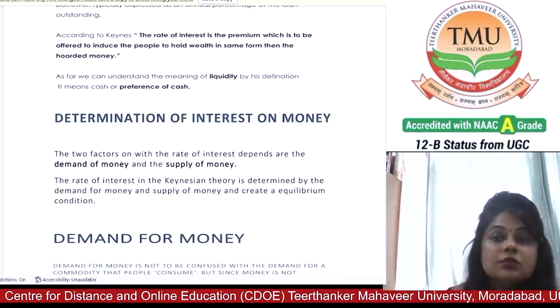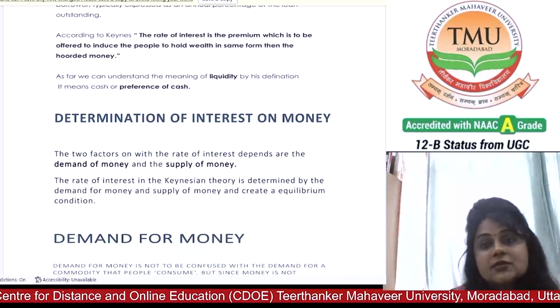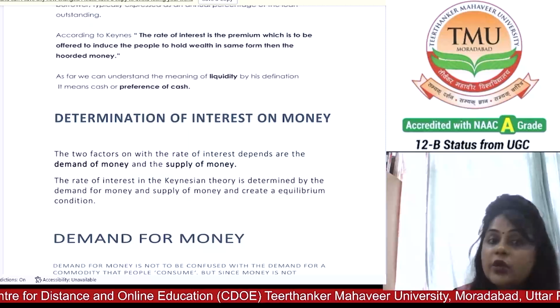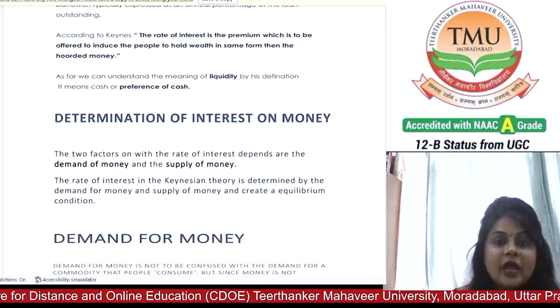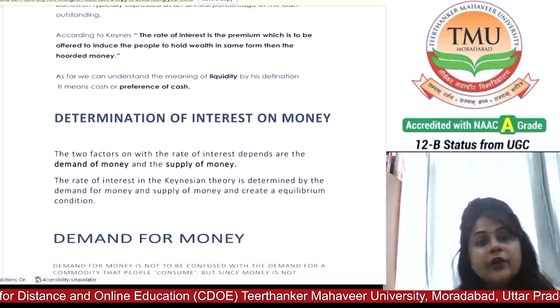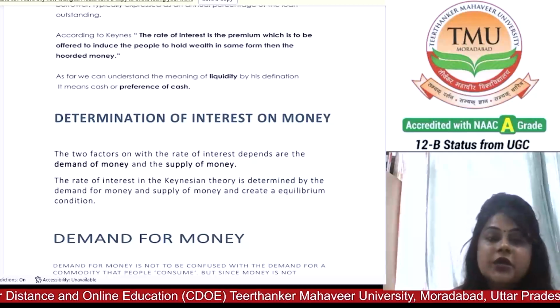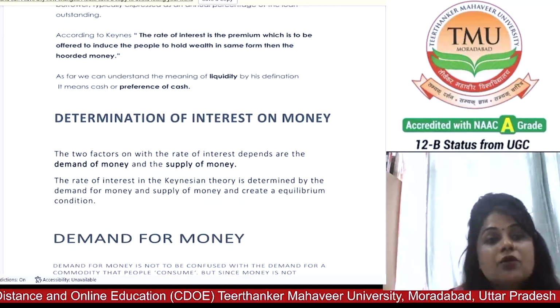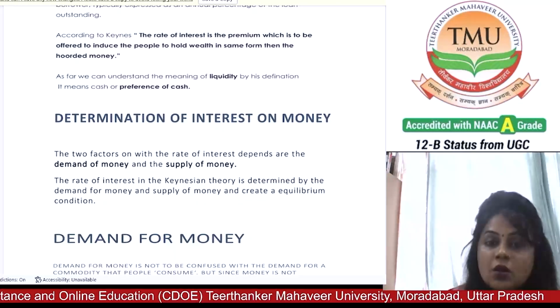Let's define the rate of interest as the reward for parting with liquidity for a specified time. According to him, the rate of interest is determined by the demand for and the supply of money.